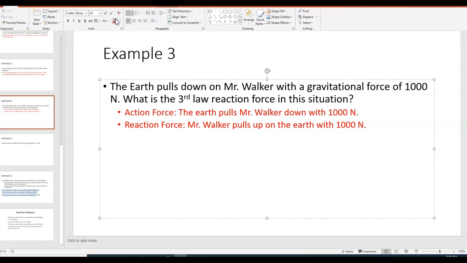Well, you have mass just like the Earth does, so your body is also capable of pulling the Earth up to you. Now, the Earth is so much bigger than you that you don't notice the Earth move up, but it does happen. The Earth pulls you down, you pull up on the Earth with the same force, and that is the force of gravity. That's a really interesting example of Newton's third law.